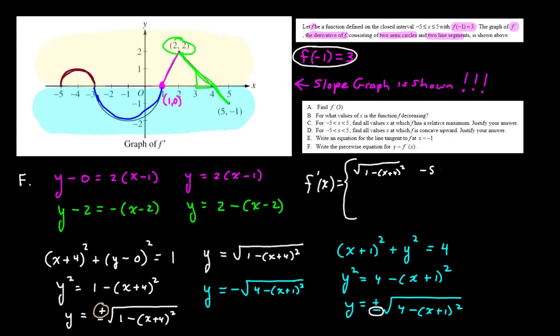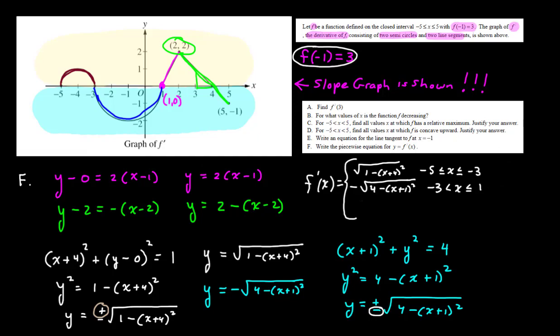And the condition for that was when x is between -5 and -3. Then we had the other semicircle, which was negative square root of 4 minus quantity squared under the radical. And that was when -3 is less than x, which is less than or equal to 1.